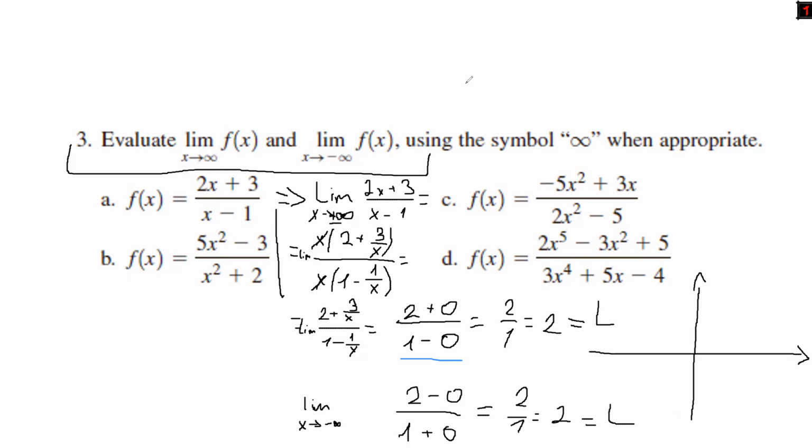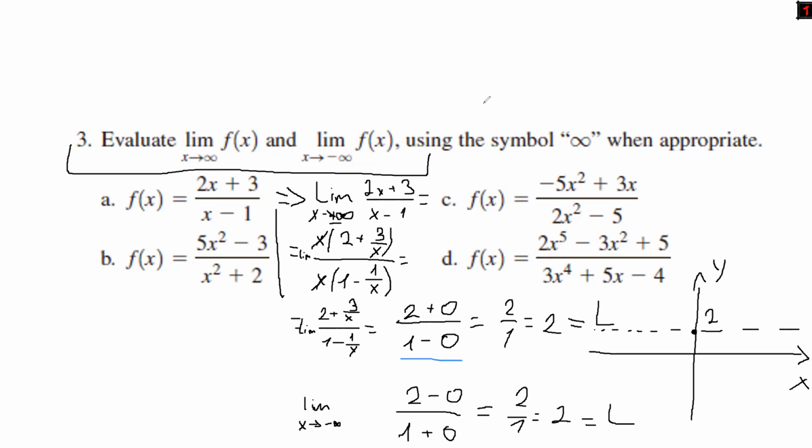Let me know once you're done. So where would this horizontal asymptote be? Guys? Would it be 2?